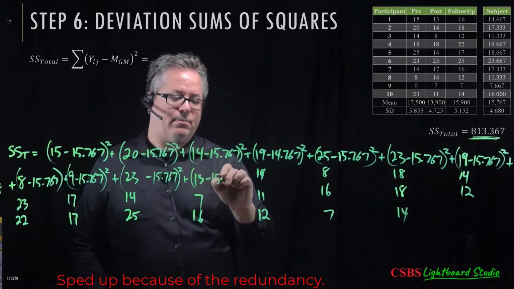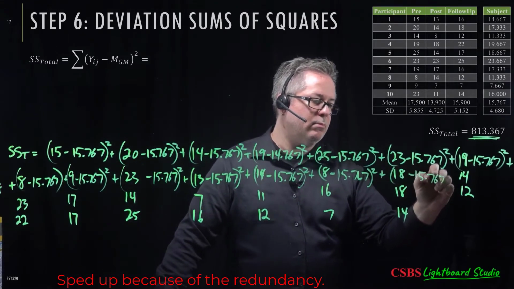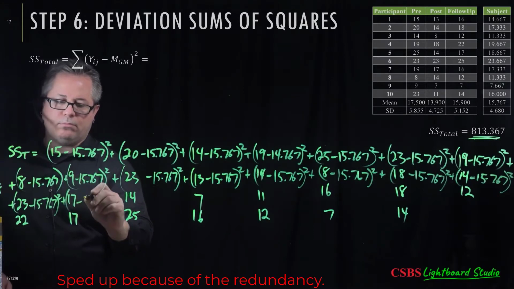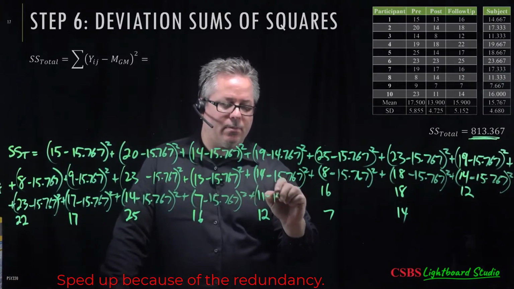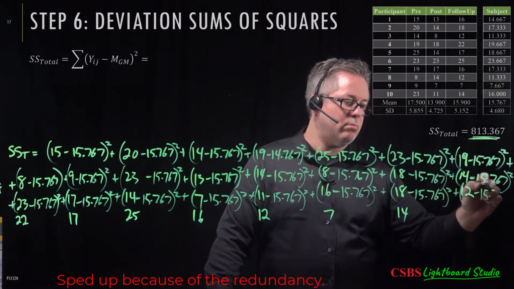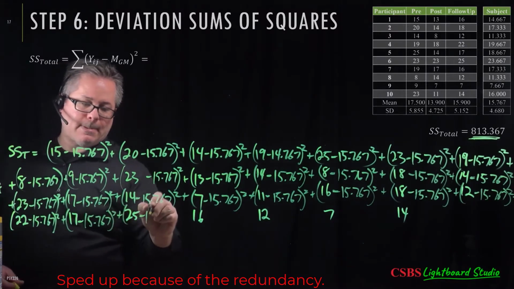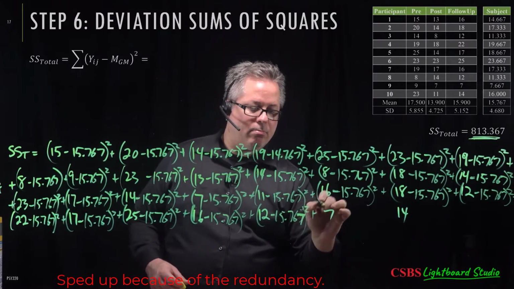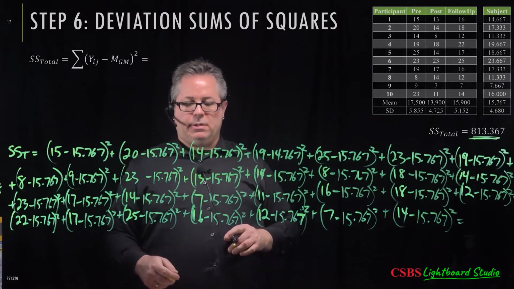So now I need to subtract out the grand mean. All right, I think they're all squared, subtracted.